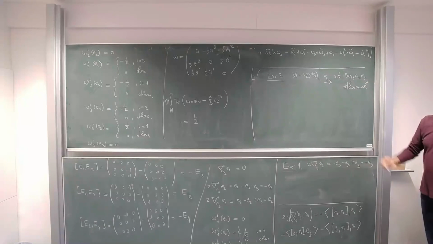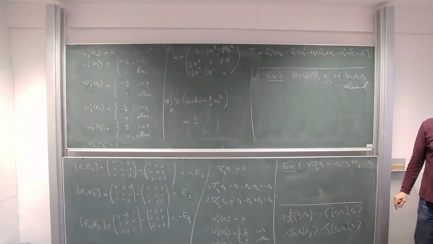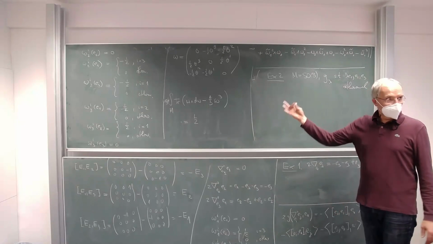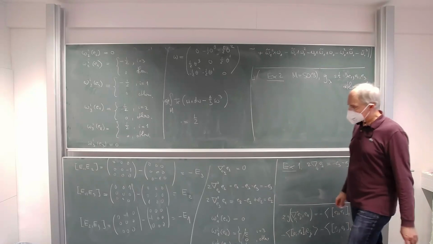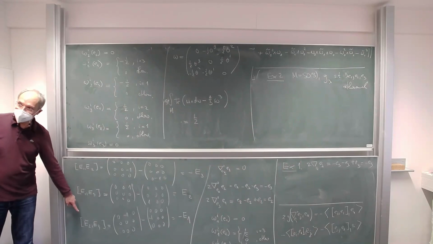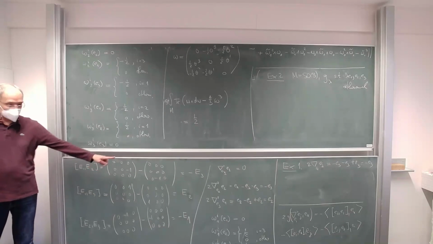Right, you could do that too. You have these 3 globally defined vector fields, declare those to be orthonormal, and then you can do the same computation. You just have to consider Lie brackets with this parameter lambda in front of the E1.